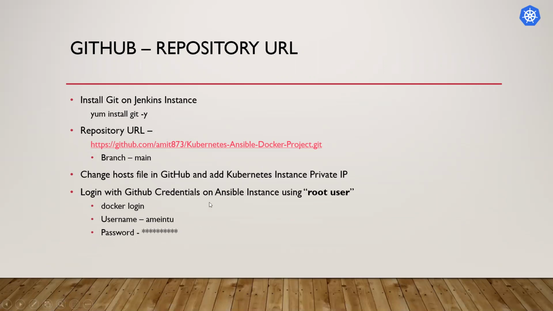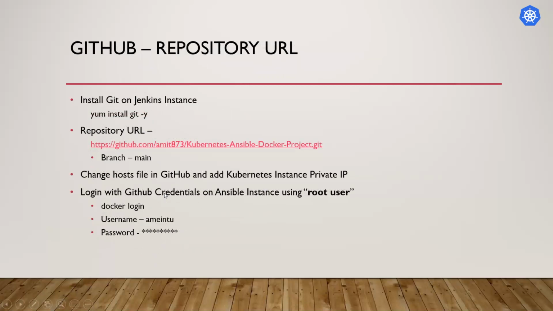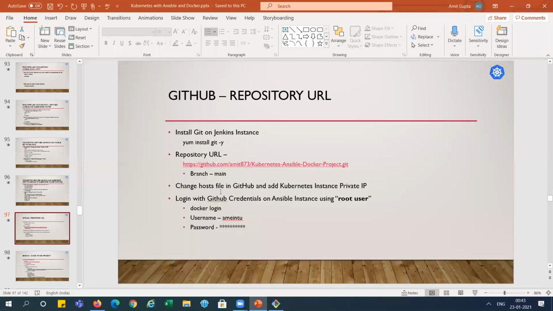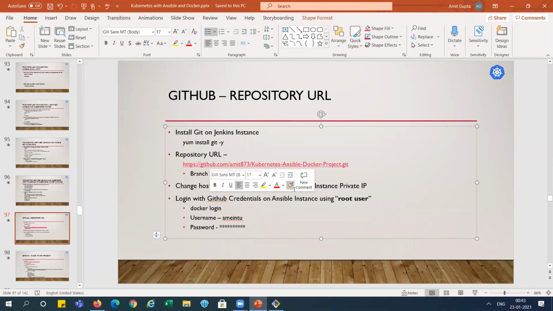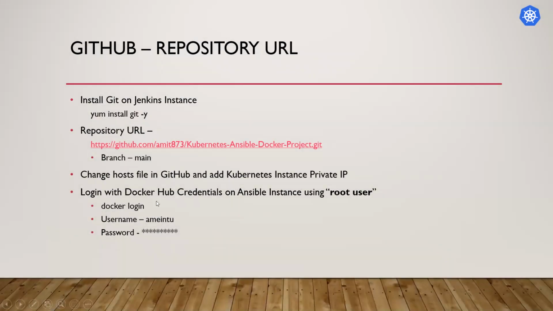And we need to create the GitHub connection. This is Docker Hub. We need to log in with Docker Hub credentials on the Ansible server for the root user, right?